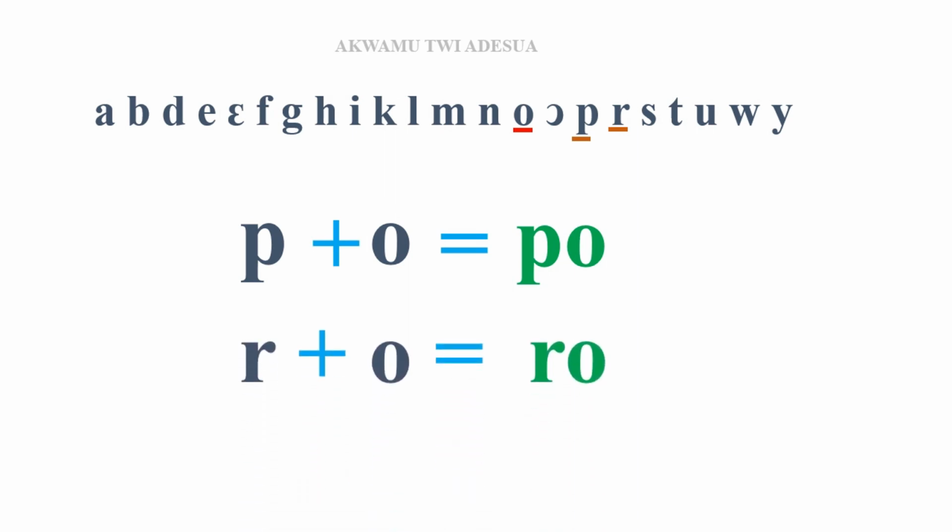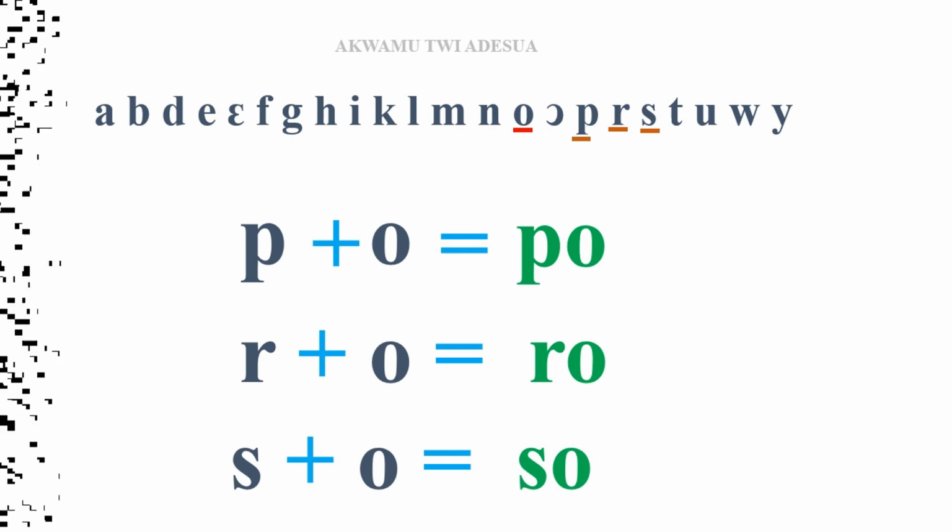S plus O, which is the S, and the O will give us so. T plus O, which is the T, and the O will also give us to.